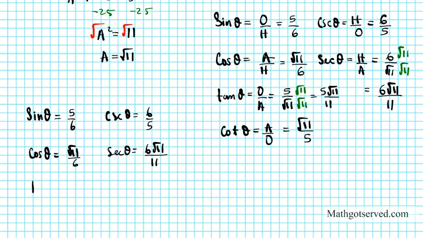Tan theta is 5 root 11 over 11. And its reciprocal, cotangent, is root 11 over 5. So there goes all our 6 trig ratios, nicely organized. So there you have it.